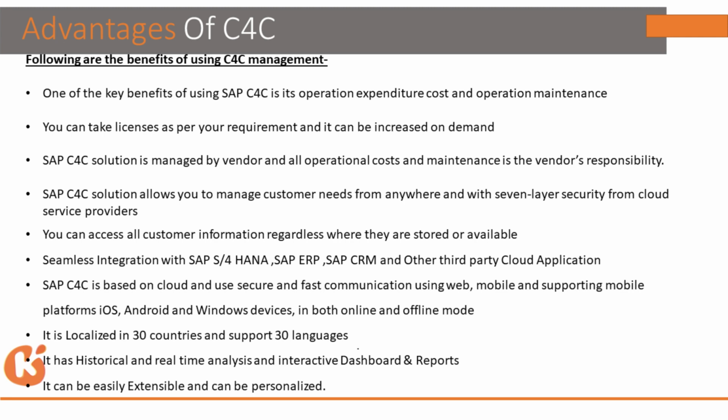But if during implementation I purchase 100 licenses and pay for all 100 until go live, that again hits the company's cost. So we take a subscription based model as and when required. Initially we ask for 5 licenses, after 2 months we ask for 10, and after 3 or 4 months I will ask for 100 licenses or beyond.